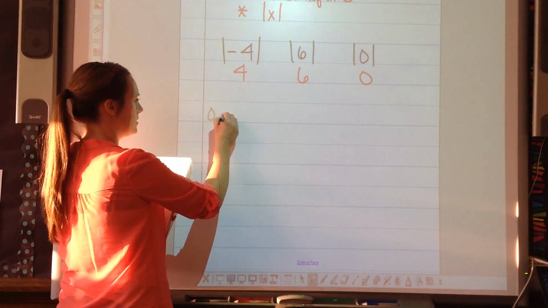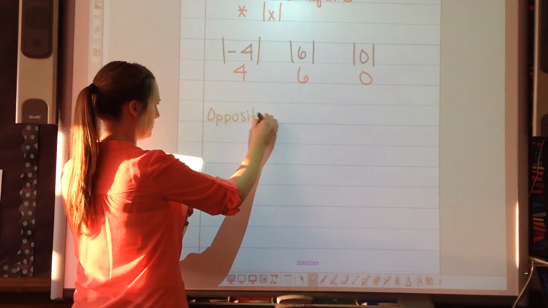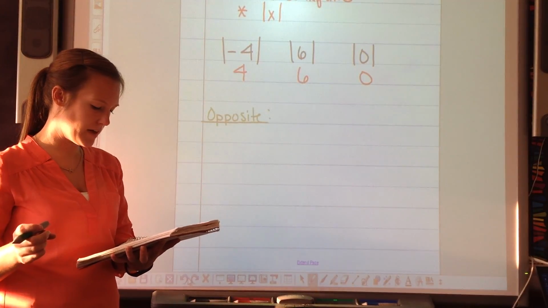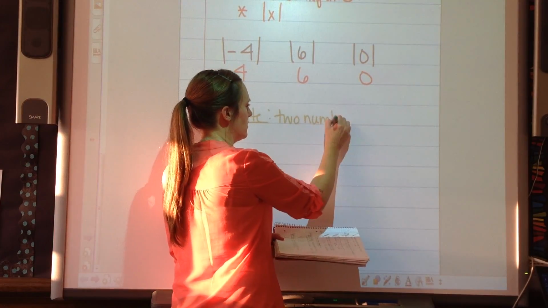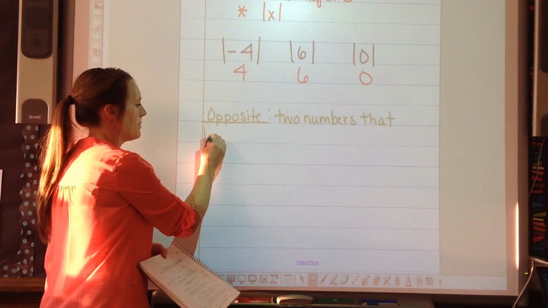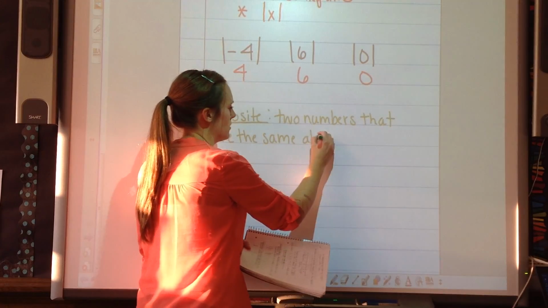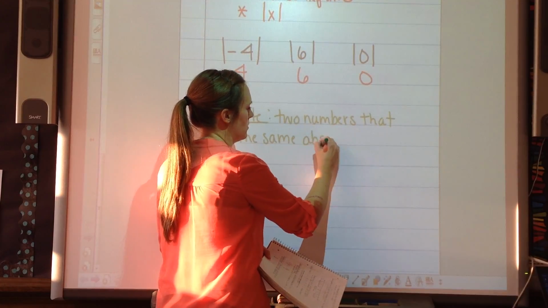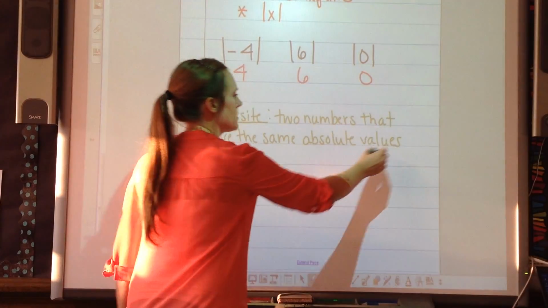Opposites. Opposites are two numbers that have the same absolute values but different signs.